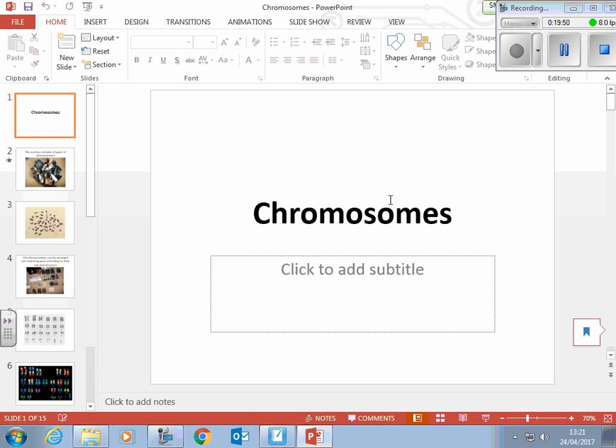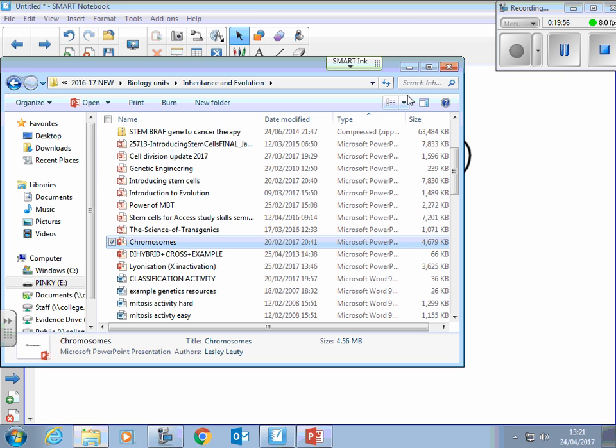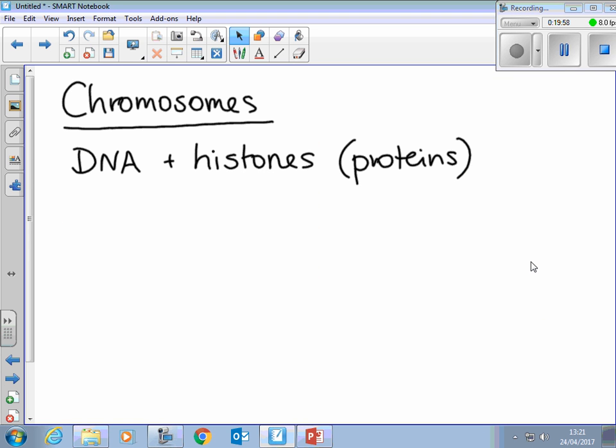Okay, chromosomes, as far as human cells are concerned, and that's going to be our example, in body cells our chromosomes are arranged in pairs. Each pair consists of a maternal and paternal.